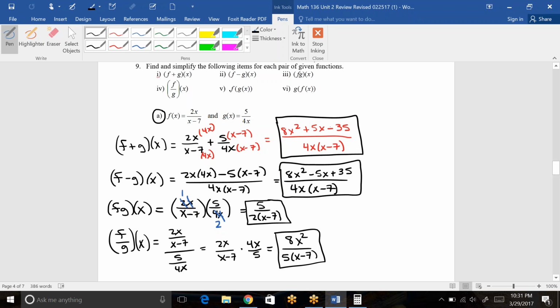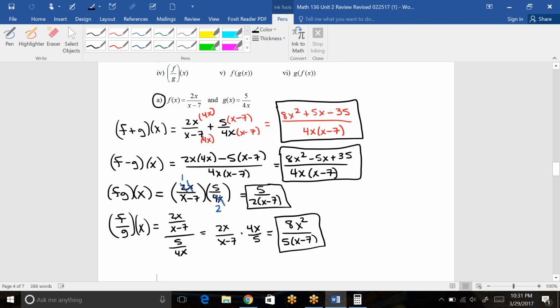The last two listed up here in the directions are f of g and then g of f, so they're compositions. So if we do f of g, remember you write the f function as an empty shell. So f of g of x.